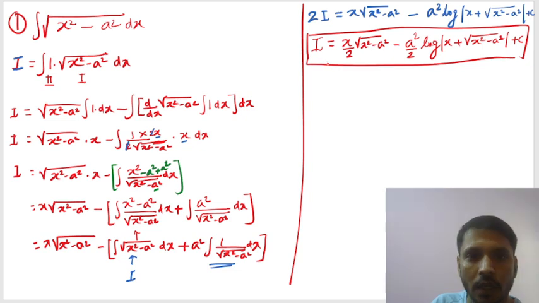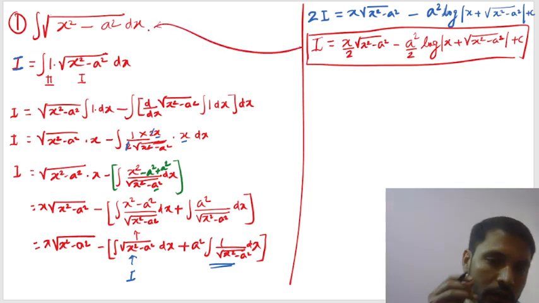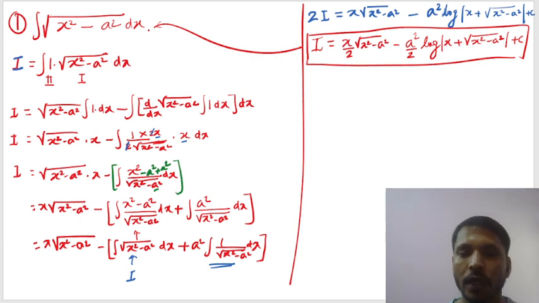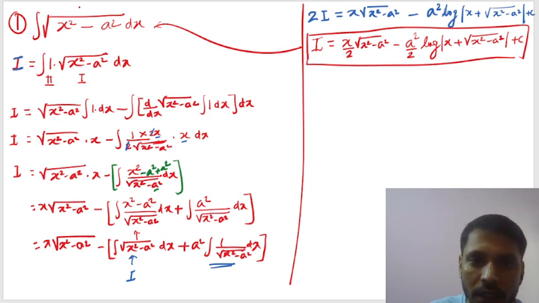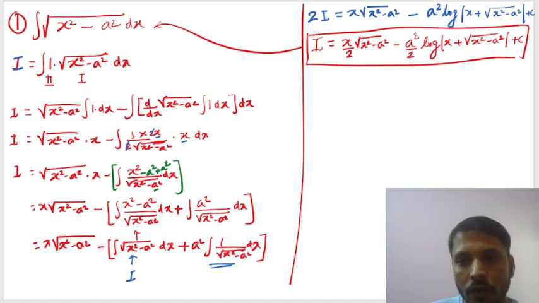This I means integration. That means the integration of under root of x square minus a square into dx is equal to x by 2 and the under root values as it is, minus a square by 2 log mod x plus the complete under root term as it is, we are copy pasting, and then plus c.